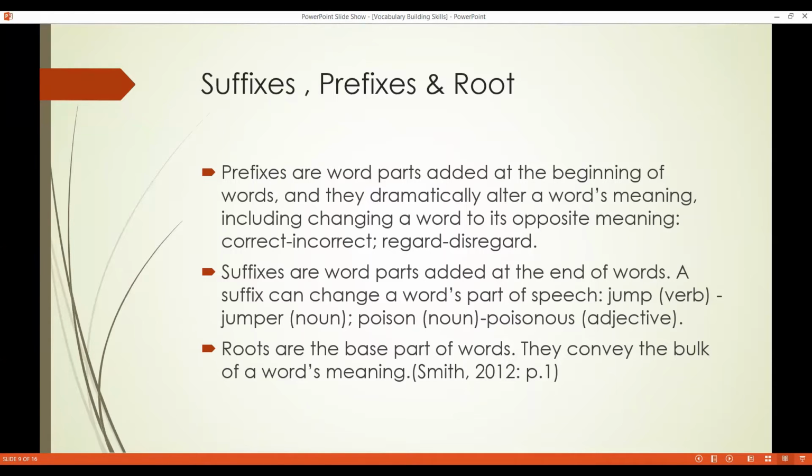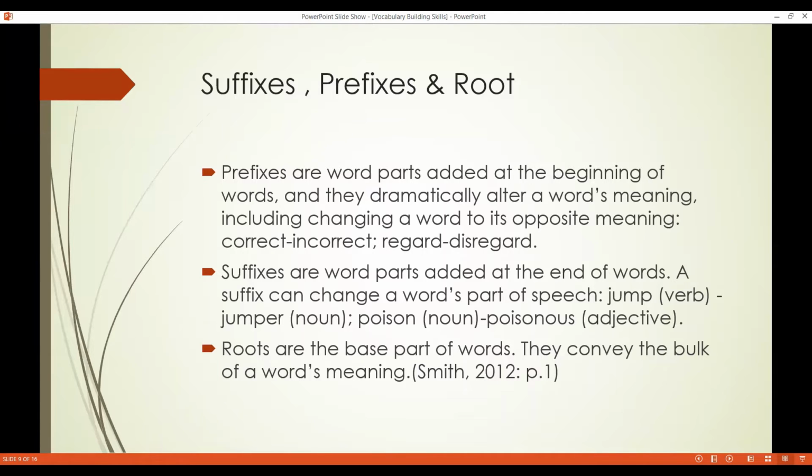Prefixes are word parts. Needless to say, they are added at the beginning of words, and they dramatically alter a word's meaning. They can change words into antonyms, like regard and disregard, correct and incorrect. Suffixes are word parts added at the end of words, and they can change verbs to nouns, or nouns to adjectives, like jump to jumper.